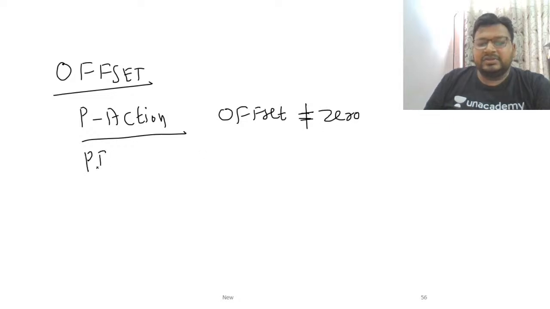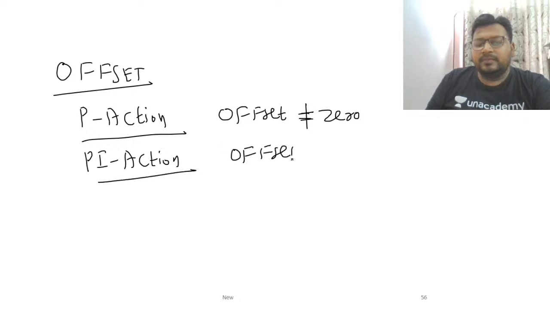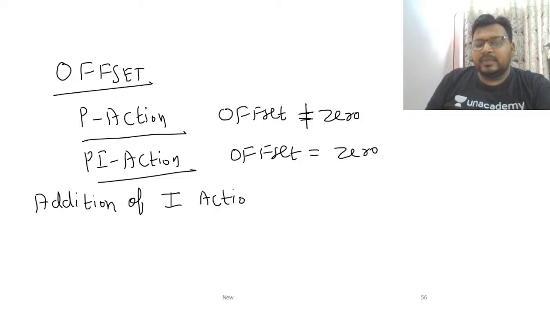For the PI action, offset is 0. So that means what? That means addition of I action reduces the offset to 0.